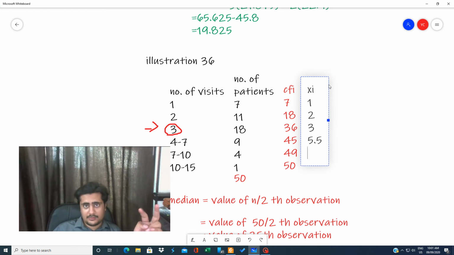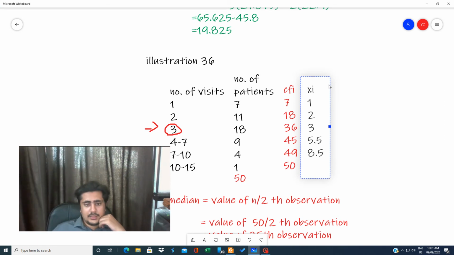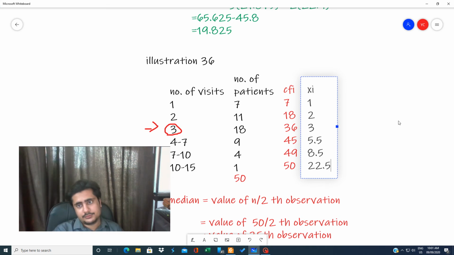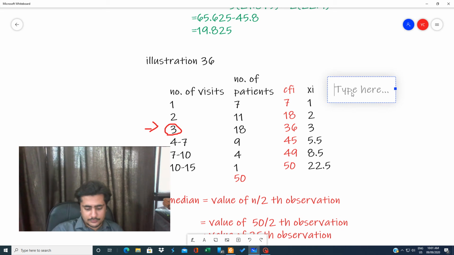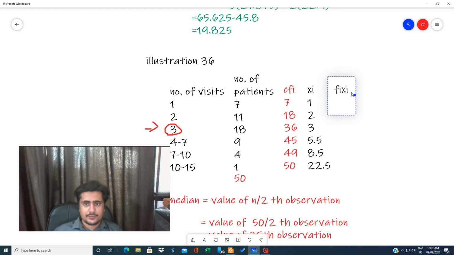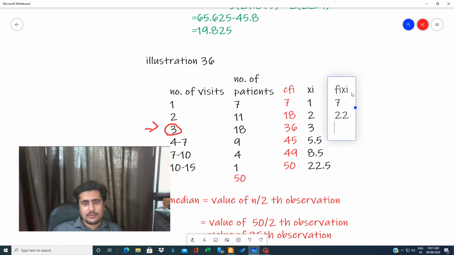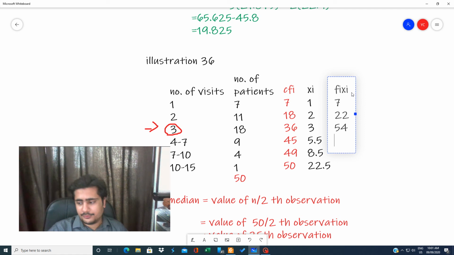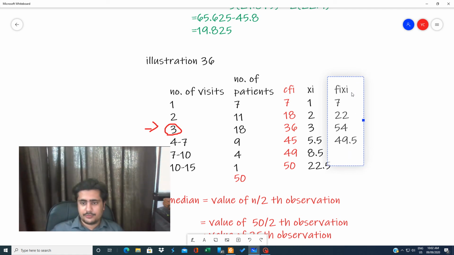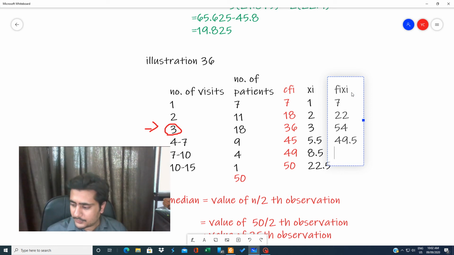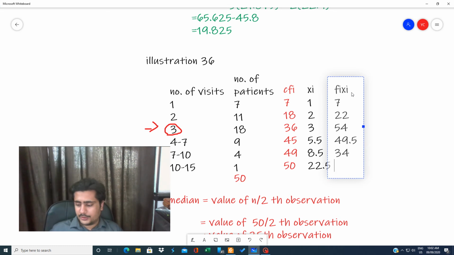Then 7 and 10: 7 plus 10 upon 2, that is 8.5. Then 10 and 15, it's 12.5. So for fi xi: 7 into 1 is 7, 11 into 2 is 22, 18 into 3 is 54, 9 into 5.5 is 49.5, 4 into 8.5 is 34, and 12.5.